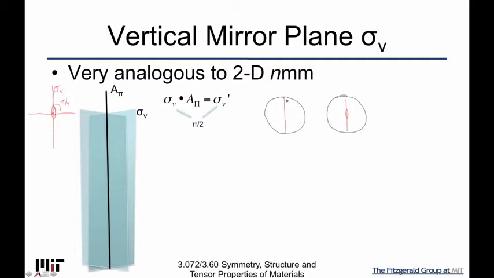And so what that does is the twofold first gives me on the same side of my sphere the same object over here. However, the mirror plane reflects this across here, and so on the same side, I have the object here.